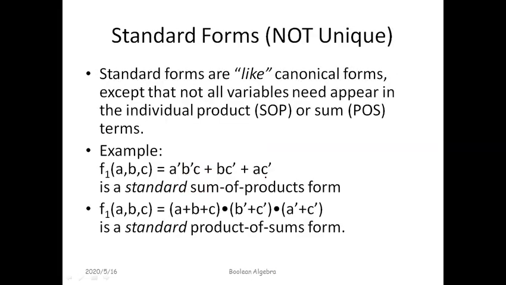Next, we look at the standard forms, which also are not unique. The standard forms are like canonical forms, except that not all variables need to appear in the individual product or sum terms.